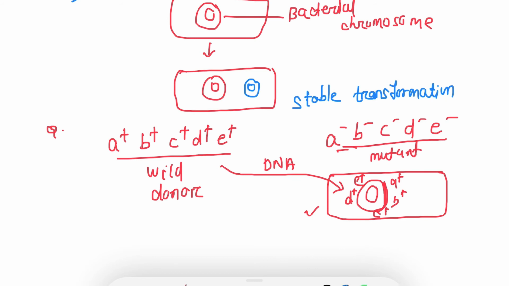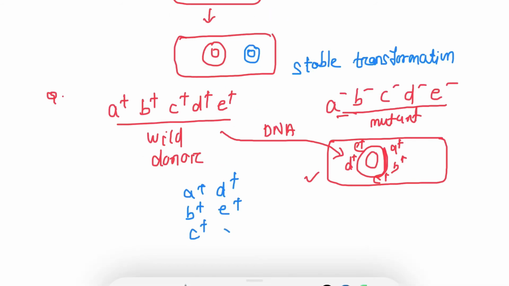And the following genes are found to be co-transformed. So what are the genes? The co-transformed genes are A plus, D plus, B plus, E plus, C plus, D plus, and C plus, E plus.